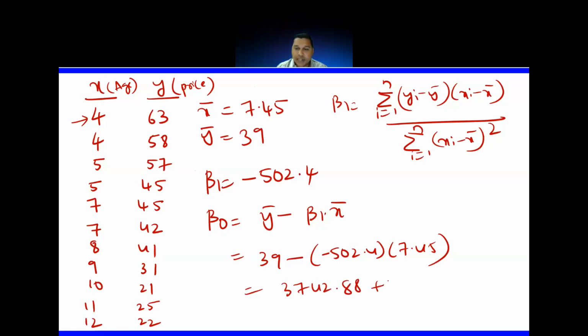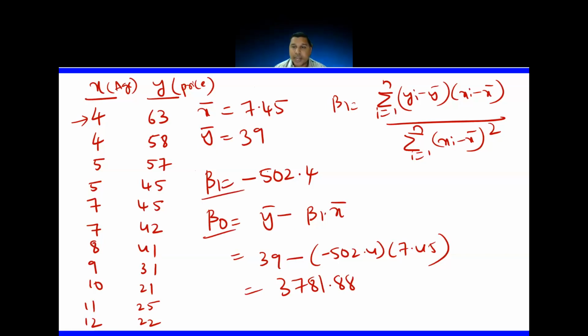Okay, plus 39 we have to add. So 3781.88. So you got beta naught and beta 1 values.